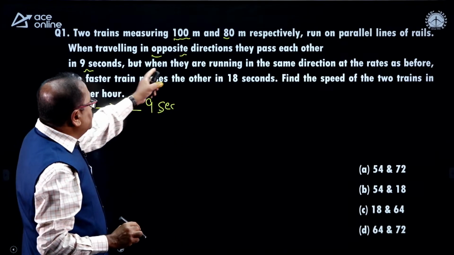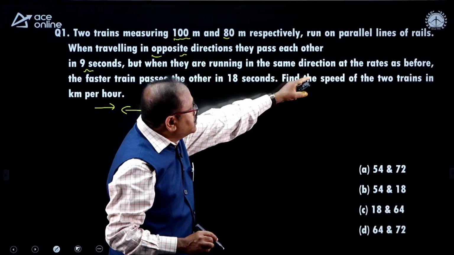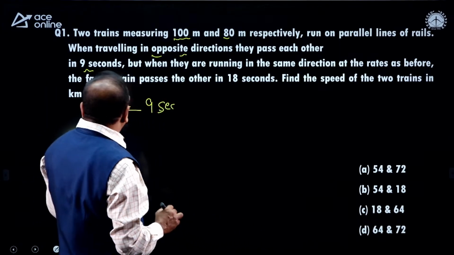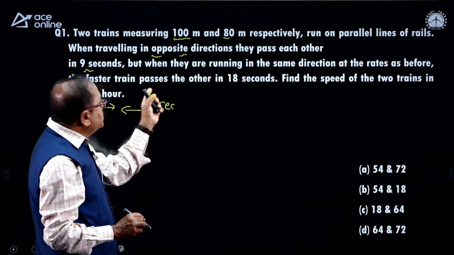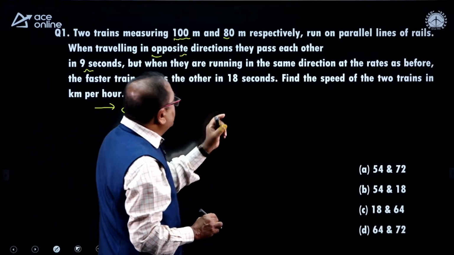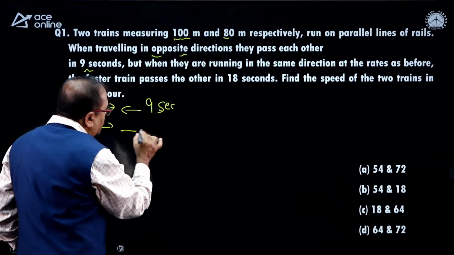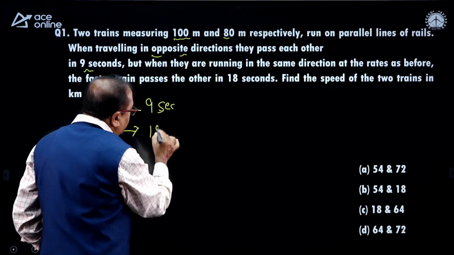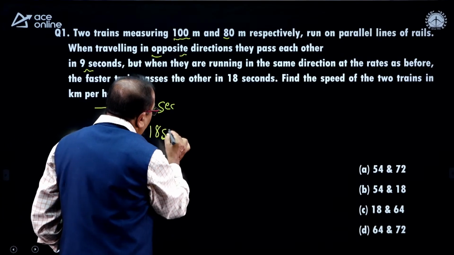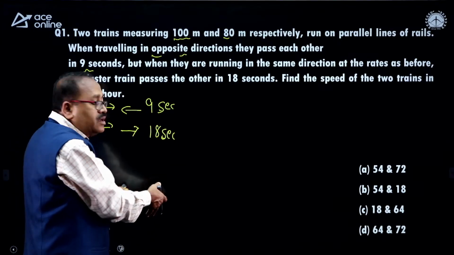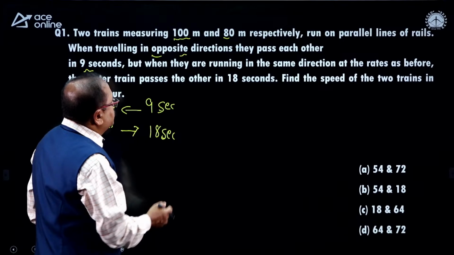But when they are running in the same direction at the rate as before, the faster train passes the other one in 18 seconds. If they are moving in the same direction, it takes 18 seconds to cross each other. So here I am just writing what is there in the question.